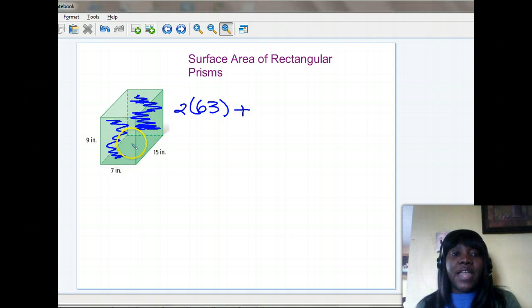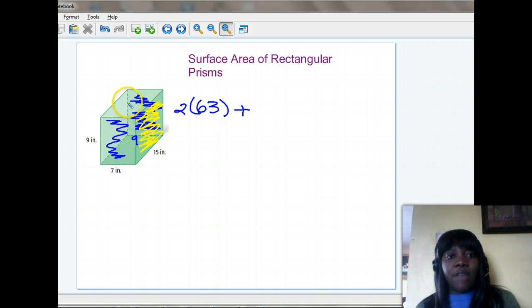Alright, so now I'm going to deal with this side, the side right here in yellow. This length here is 15. What is the height? That's something we need to figure out. If this is 9, that means this is also 9. So here we can do 9 times 15.